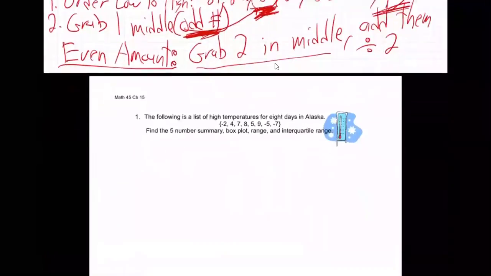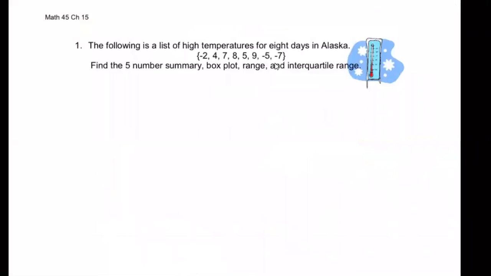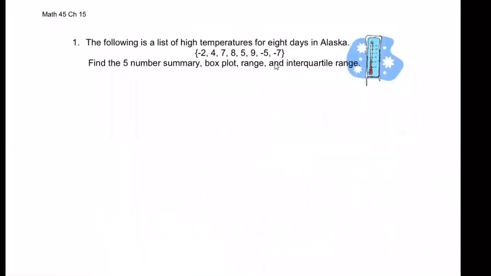I think it's important that we spend some good time on number 1 and number 2. This Alaska example. So they're giving us on this question, it says the following is a list of high temperatures for 8 days in Alaska. That's the high. It's not like Fresno, is it? We had a high of -2 today.